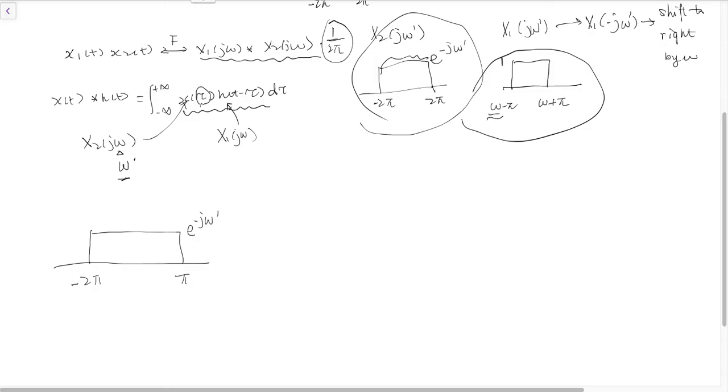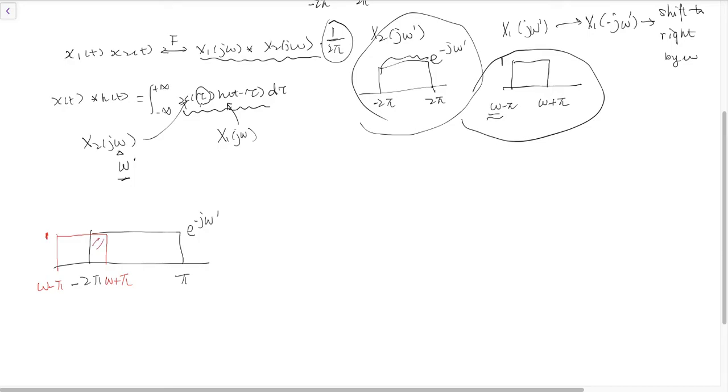The first interval is when your X1 j omega prime moves along this omega prime axis, and first it encounters the signal from omega minus pi to omega plus pi with the magnitude of 1.